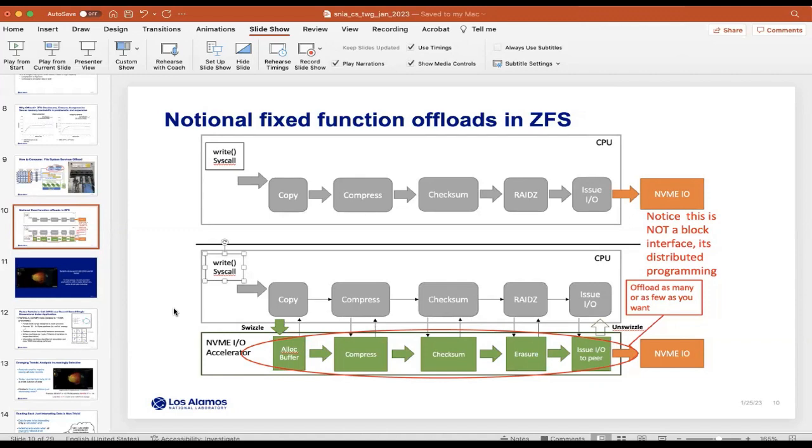Right, so you probably don't want to do this on the CSD. Maybe a checksum, but the compression and the RAID-Z you certainly want to do at a higher level. So something like a CSP/DPU is the correct place to do that. And it turns out that's where all of these operations were done. We're on CSPs. Oh, I see. Thank you.